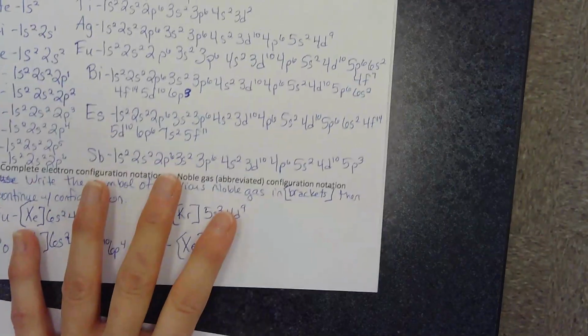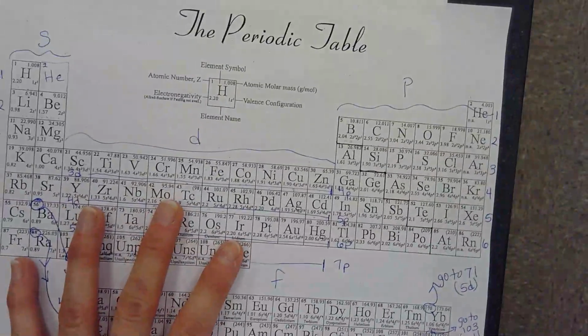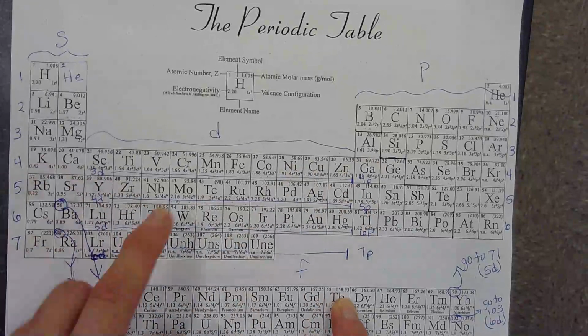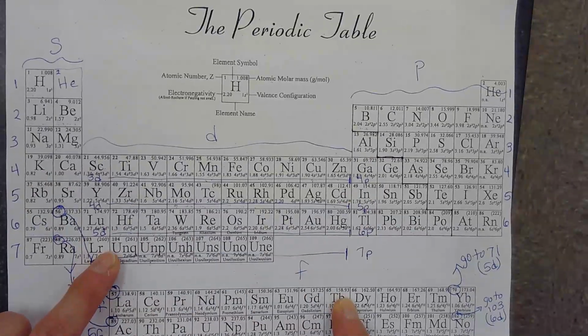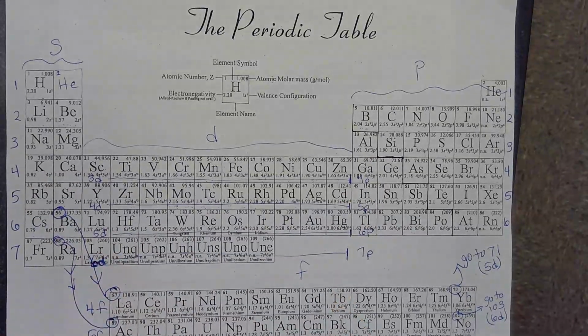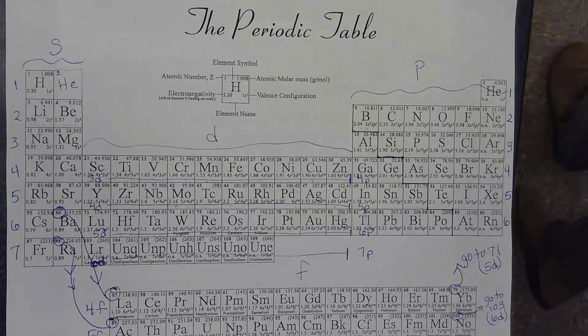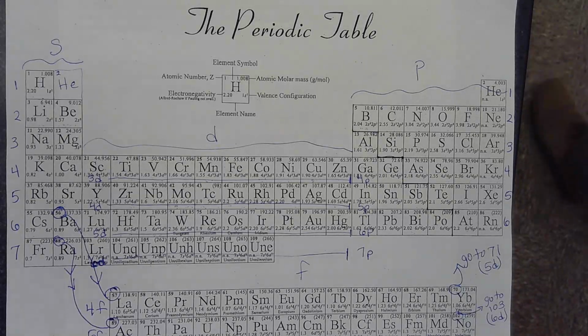So I'm telling you now, that's what's going on, okay? All right, now the question is, why do we go down and come back up? Why do we do that? There are two things that are affecting energy. There is the distance of the electron from the nucleus. Close to the nucleus, low energy or high energy?